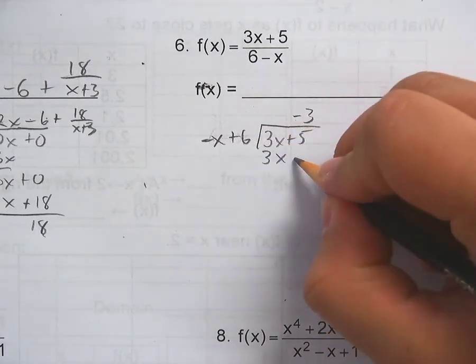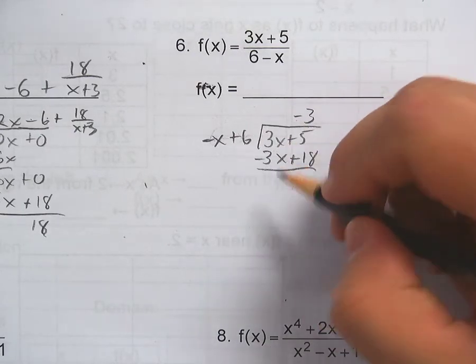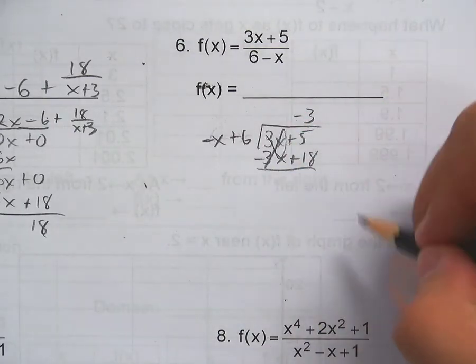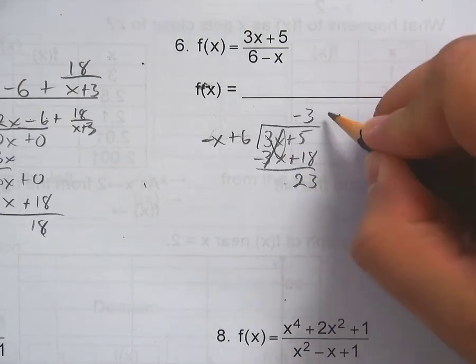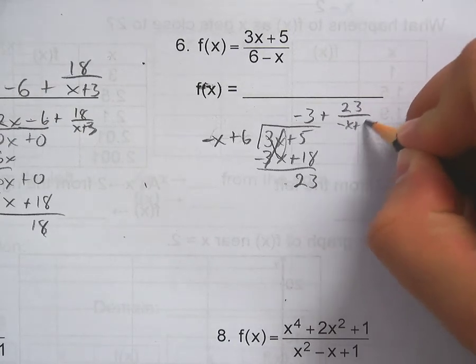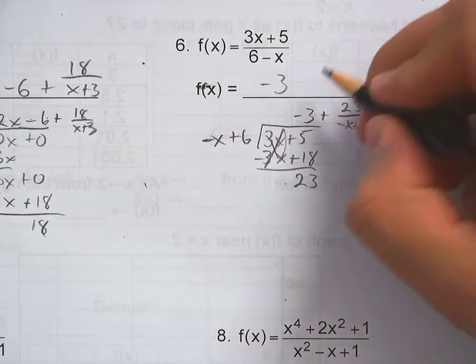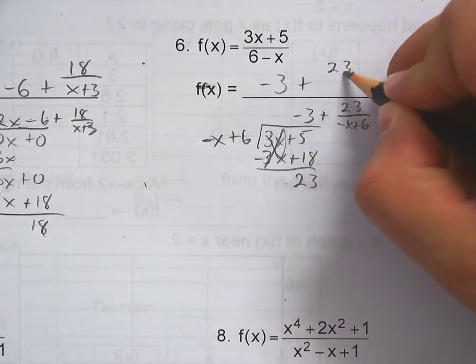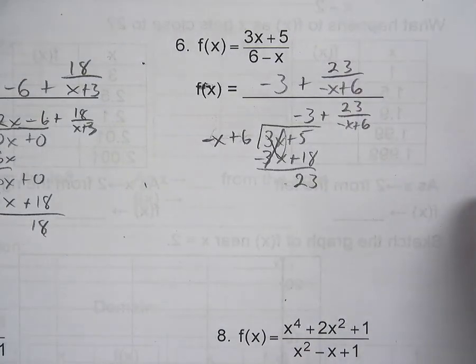Negative 3 and 6 is negative 18. Change the signs. 5 plus 18 is 23. So it's at positive 23. It's going to be negative 3 plus 23 over negative x plus 6. Okay.